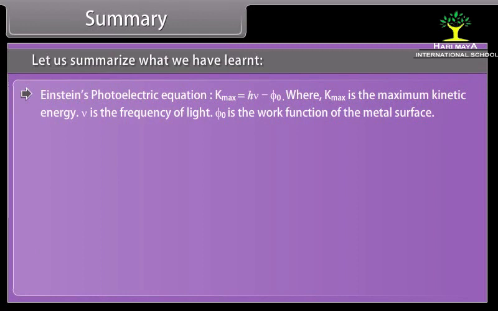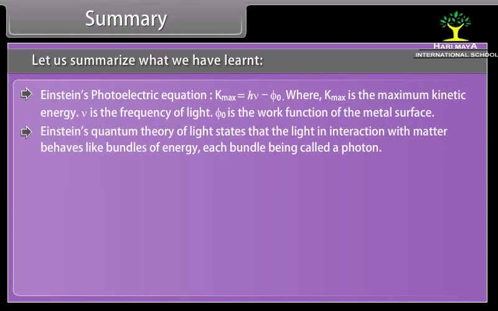Einstein's photoelectric equation: Kmax = h nu - phi0, where Kmax is the maximum kinetic energy, nu is the frequency of light, and phi0 is the work function of the metal surface.